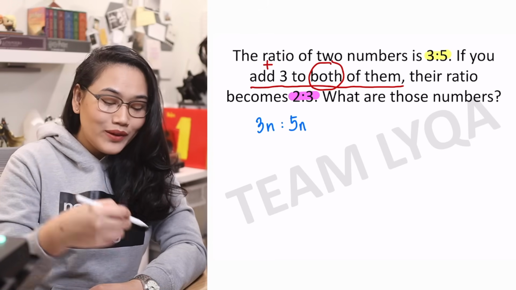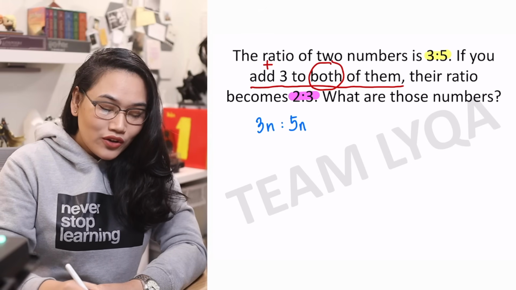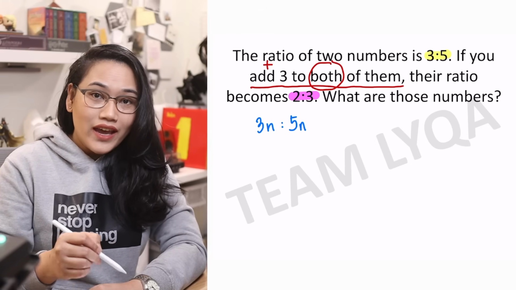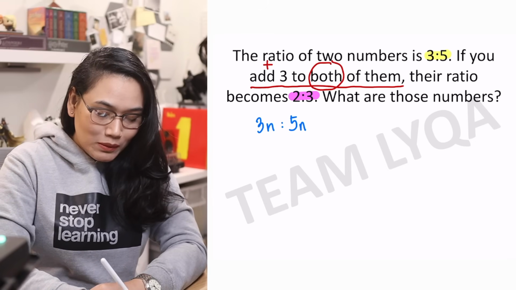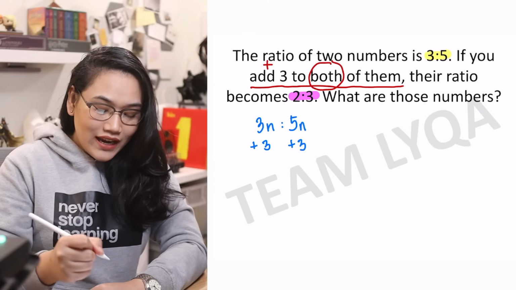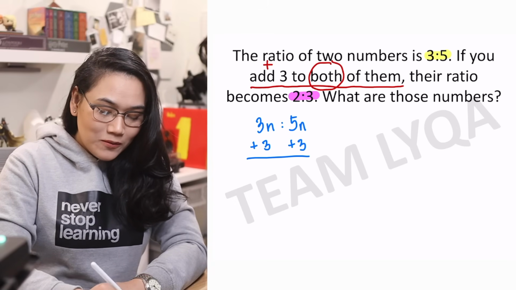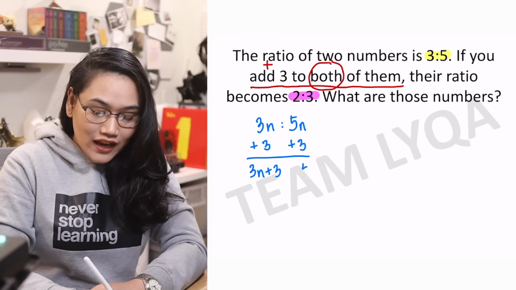Now, paano ko to gagawing equation ngayon? Now, ganito mo siyang gagawing equation. Kung ito ang original na ratio, 3n:5n, pag dinagdagan ko sila pareho ng 3, so magpa-plus 3 lang ako dito, magpa-plus 3 ako dyan, ang mangyayari would be, this will be 3n plus 3 and 5n plus 3.